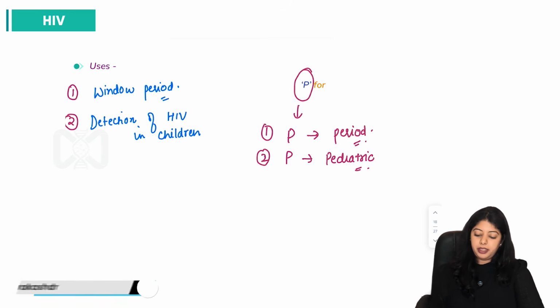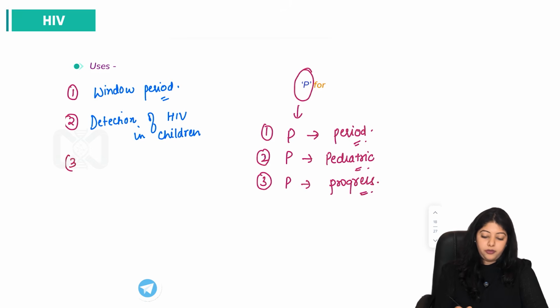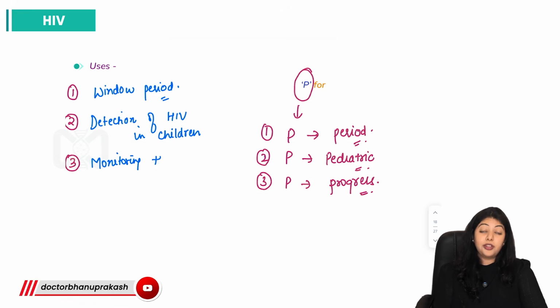Then the third P stands for progress. That means for monitoring the progression of disease.